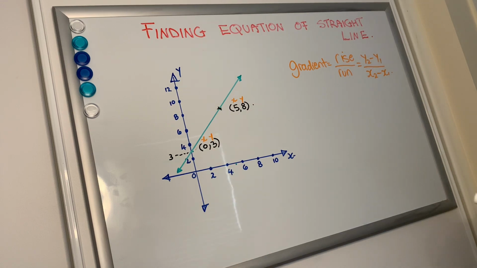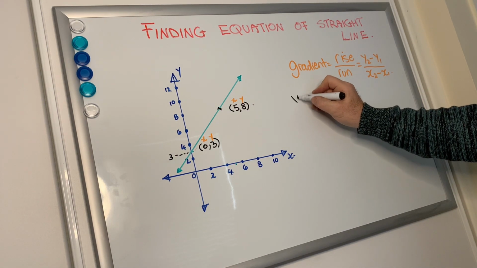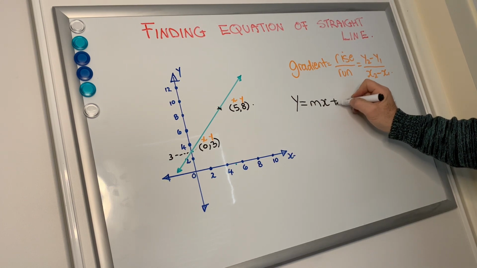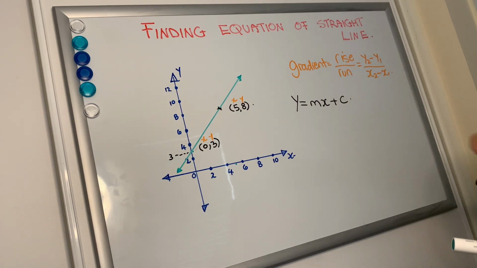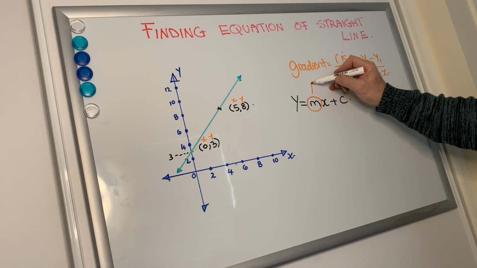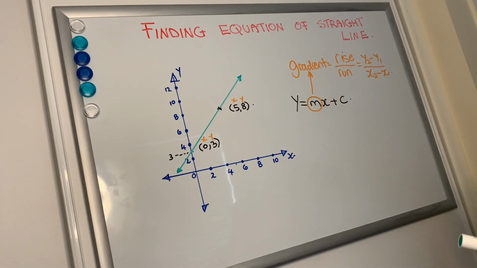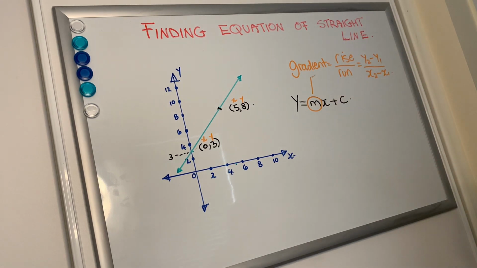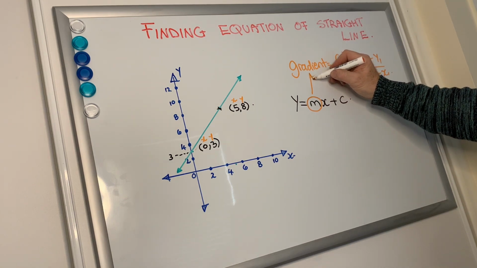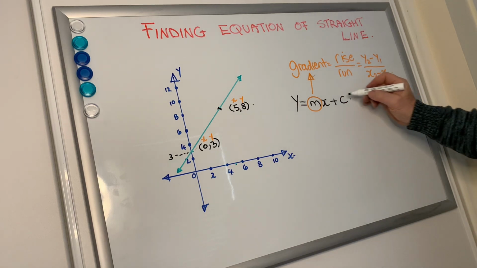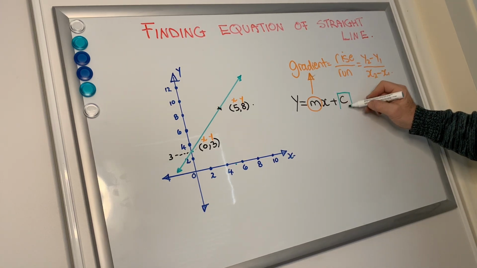Now, if we go through and use our standard straight line equation, where y is equal to mx plus c, m is our gradient, and c is our y-intercept.